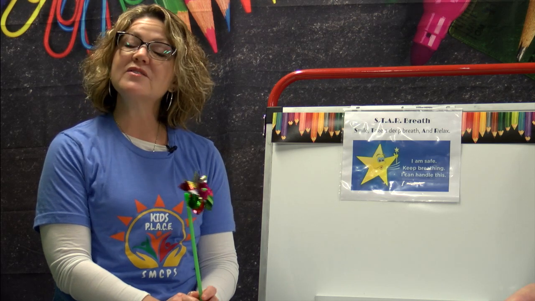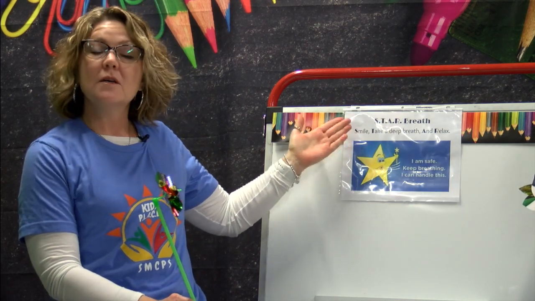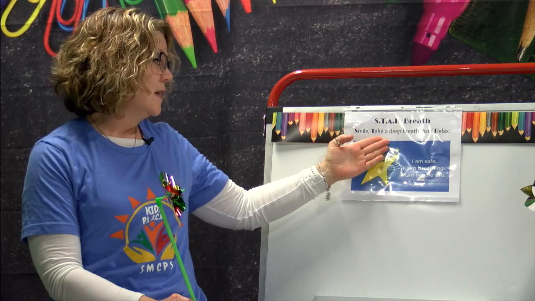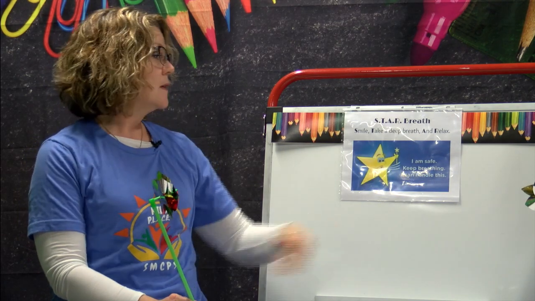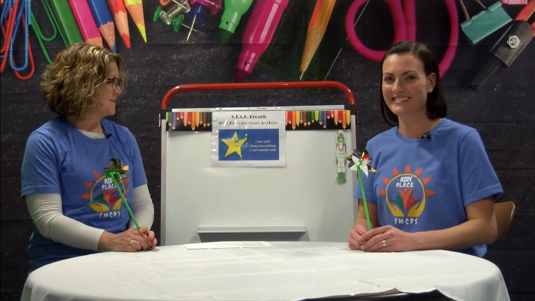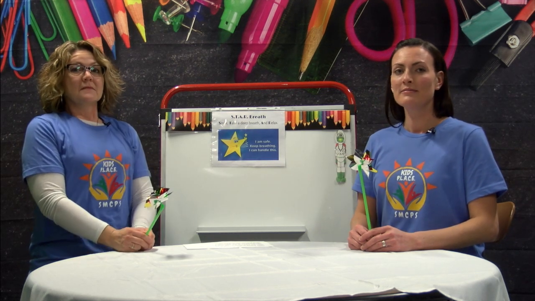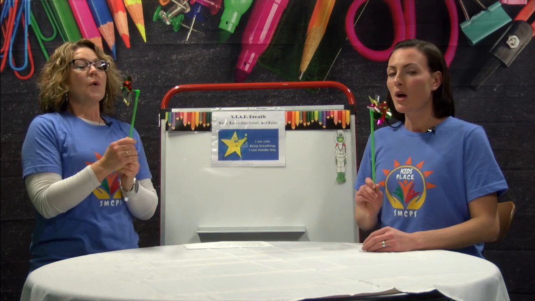It is time for some conscious discipline. We're going to get ourselves ready with a star breath. And here's what we do. We smile, we take a deep breath in through our nose, and then we relax by breathing out through our mouth. Are you ready? I'm ready. Okay, let's smile, take a deep breath, and breathe out.